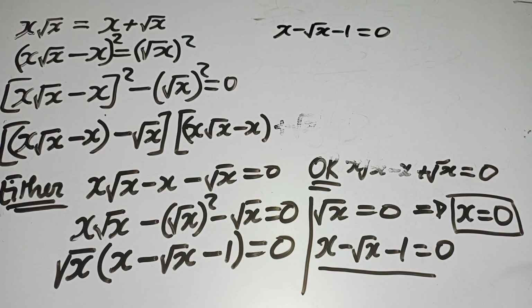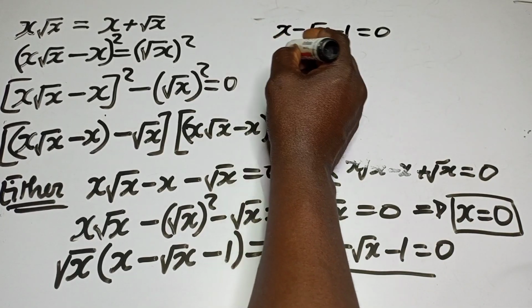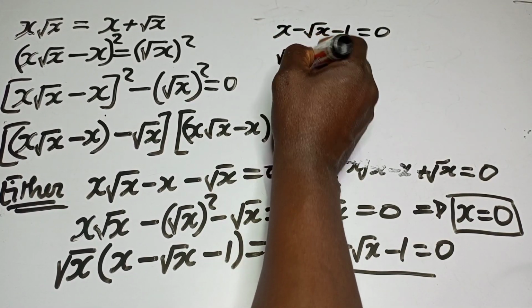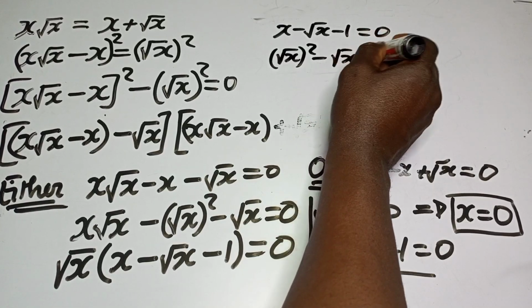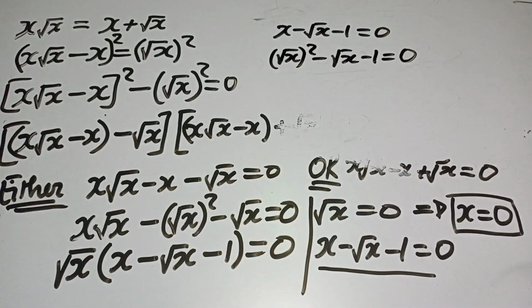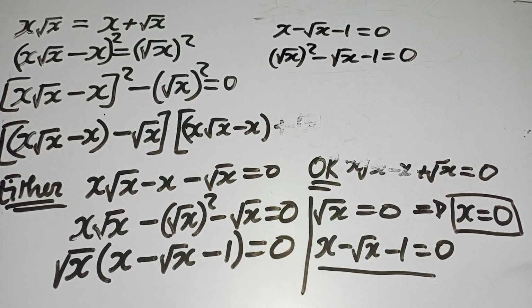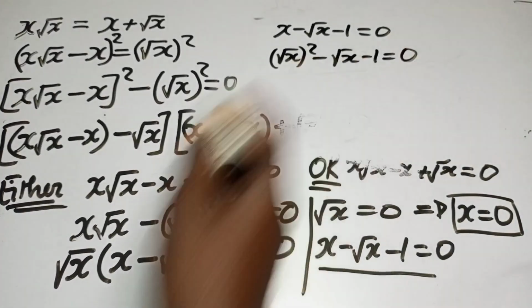It is a quadratic in terms of root x. Remember, x can be written as root x squared. So we just continue here. Minus root x minus 1 equals 0.